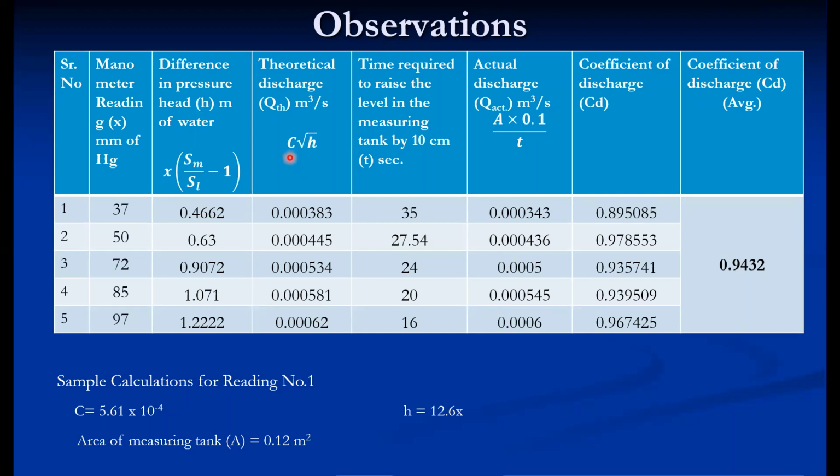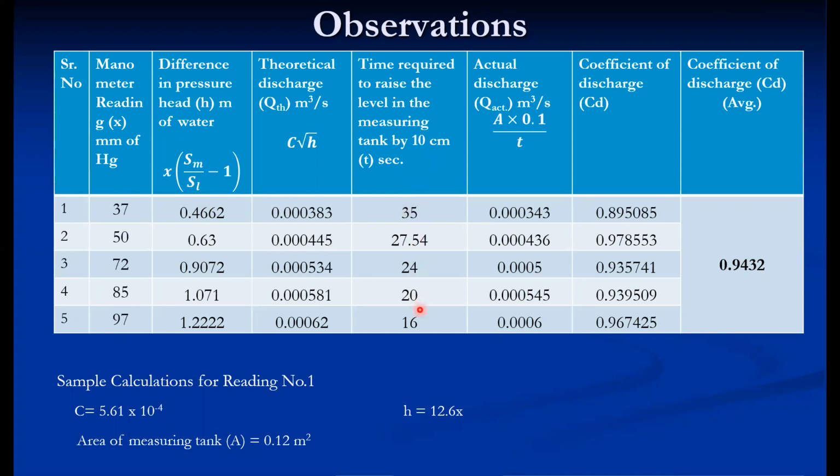Using this C and multiplying C into root h, we get the theoretical discharge. Then the time required to raise the level in the measuring tank by 10 centimeters is measured with the help of a stopwatch.